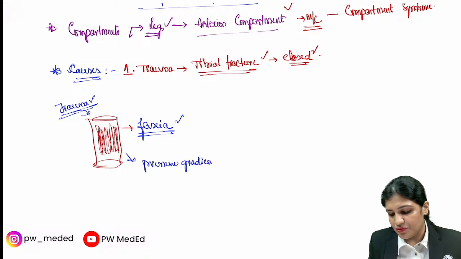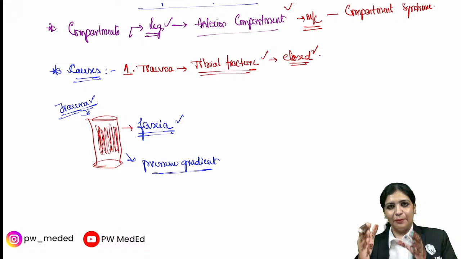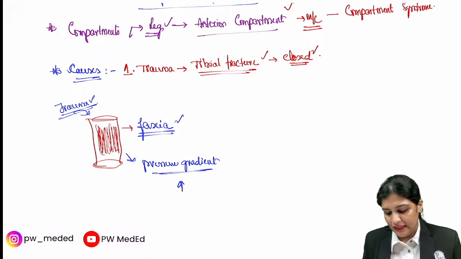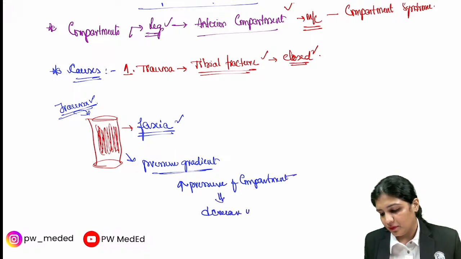Usually the blood flows along the pressure gradients. So whenever there is compartment syndrome, that means there is an increase in the pressure of the compartment. This increase in pressure will further decrease the arterial blood flow.